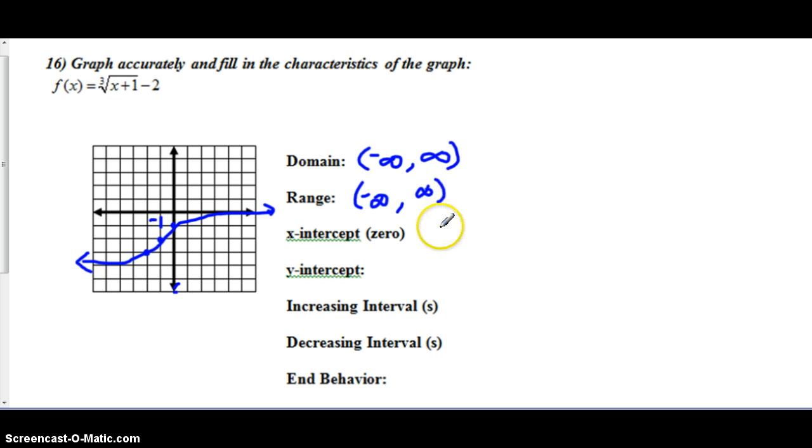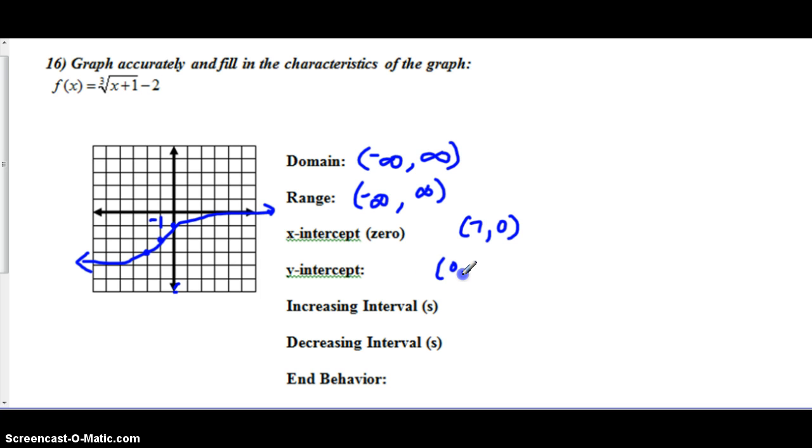Okay, our x-intercept, we can use our table to find that. And we can also set our y equal to 0 to find that. Either way, we're going to get 7 as our x-intercept. And our y-intercept, we can clearly see on the graph, is -1.